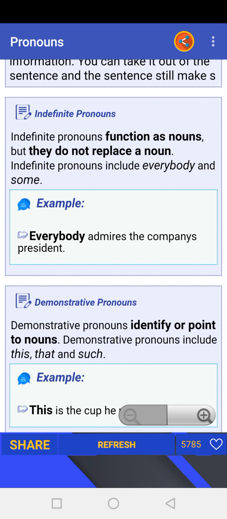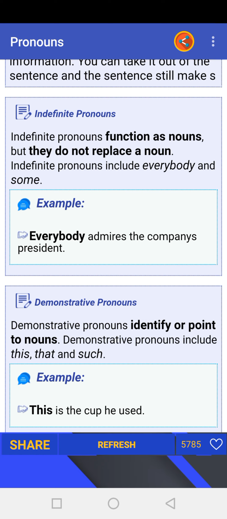Let's now go to indefinite pronouns. Indefinite pronouns function as nouns, but they do not replace a noun. So indefinite pronouns are considered to have the same function as nouns, and they do not replace a noun.